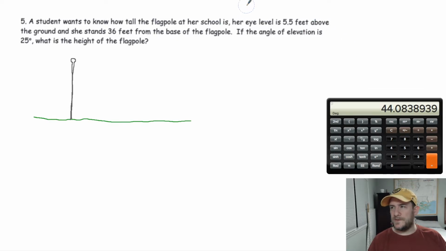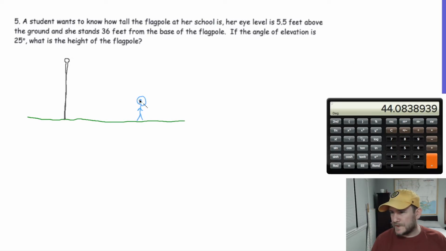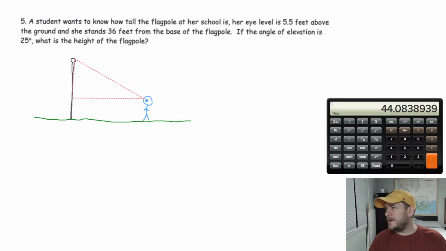Then the weird part is it says her eye level is 5.5 feet above the ground. So we draw her. And we have to mark her eye level. So the triangle that we're considering right now is really this one. And we can say that that's a right angle.